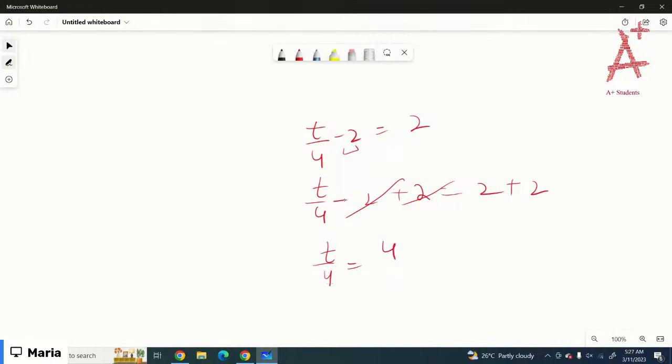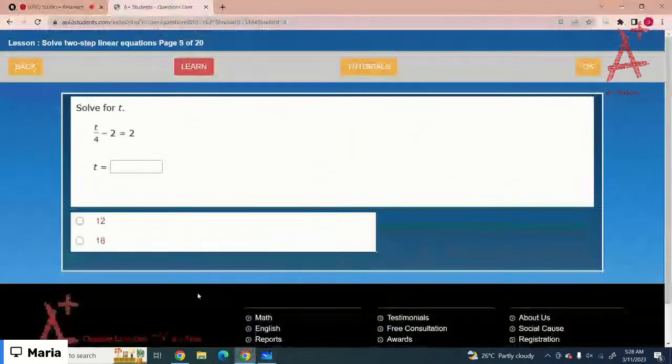Now you have to remove that 4 from here. 4 is dividing, so the opposite of division is multiplication. So let's just multiply. So t equals 4 times 4, which is 16. Got it? So the correct option is t equals 16.